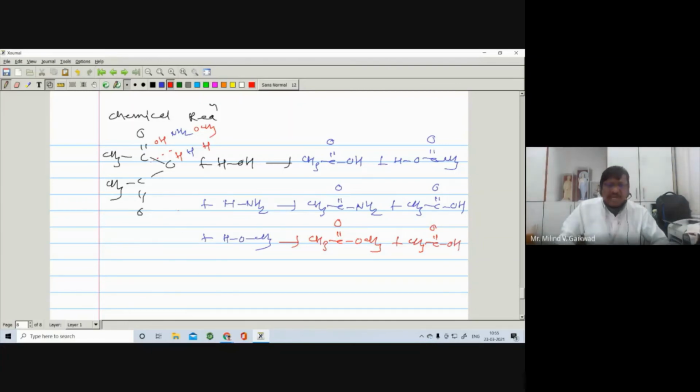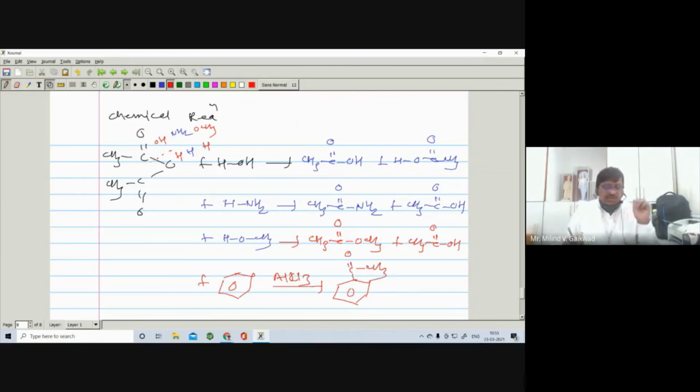And if this anhydride reacts with benzene, the reaction takes place in the presence of AlCl3, it undergoes Friedel-Crafts acylation reaction, and there is a formation of the corresponding acyl benzene, where here is a C=O and CH3. So these are some reactions given by acid anhydride, right?